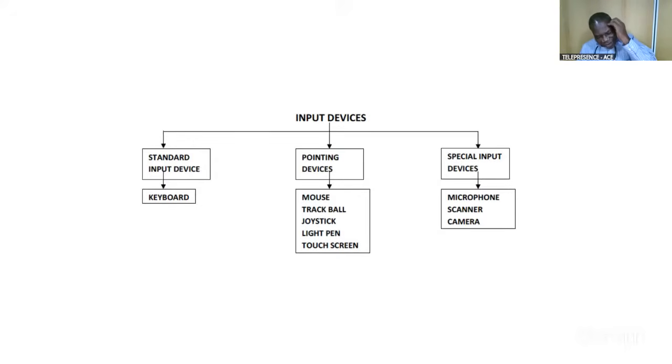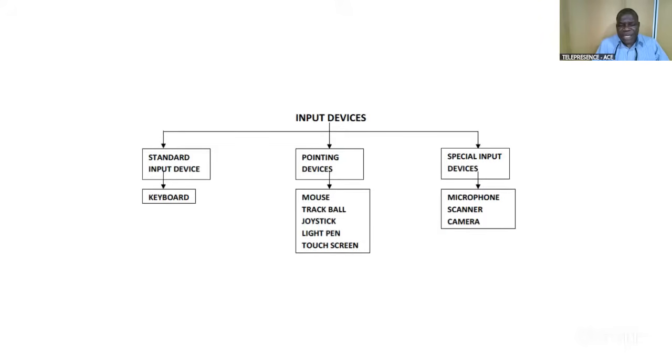You see that every computer system is enabled by a keyboard. A tablet is enabled by a keyboard, whether soft keyboard or hard keyboard. That is the keyboard, common to computing devices.